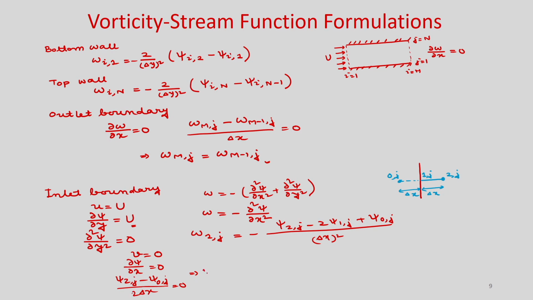So, psi 0 j is nothing but psi 2 j. So, that means omega 1 j will be minus 2 by delta x square, where you put psi 0 j as psi 2 j here. So, you will get psi 2 j minus psi 1 j.